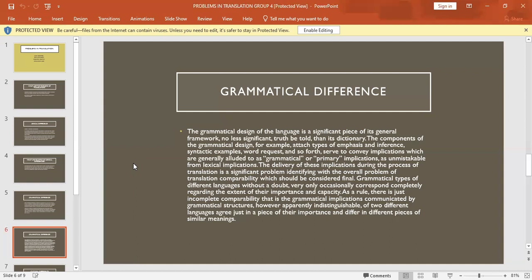As a rule, there is just partial comparability, that is, the grammatical meanings communicated by grammatical structures. However, the grammatical forms of two different languages agree only in a piece of their meaning and differ in different pieces of similar meanings.